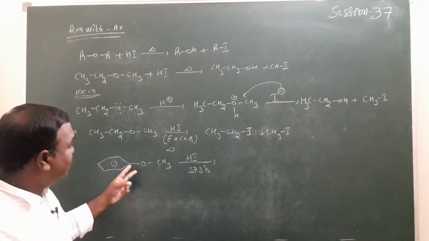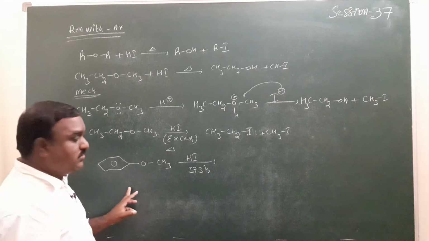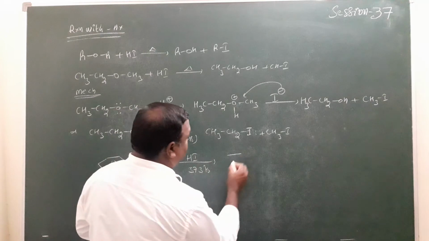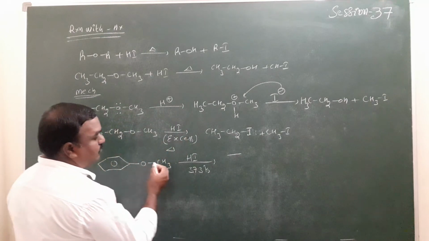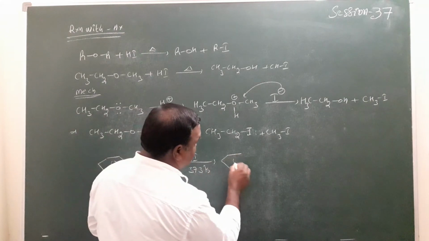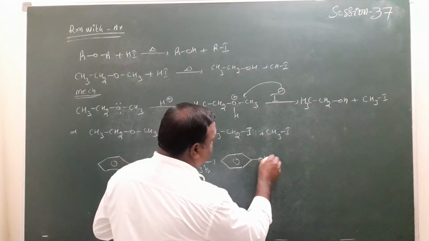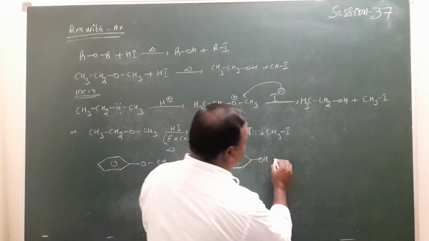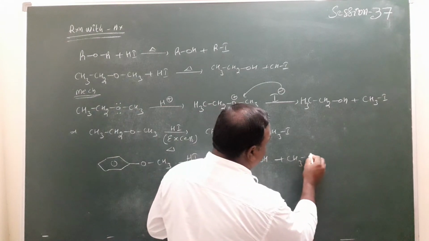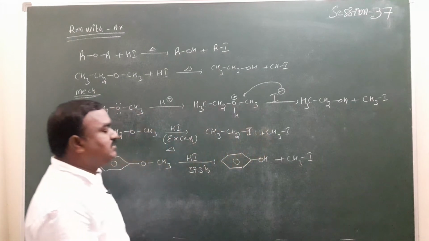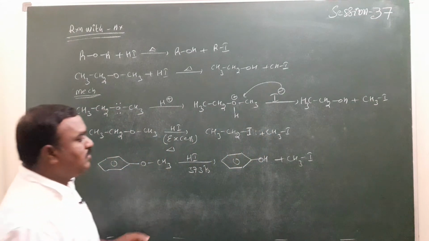So two ways we can explain in this reaction. Here the other bond cleavage is possible. Phenoxide anion, nothing but we require H plus. Methyl plus, we require a nucleophile.